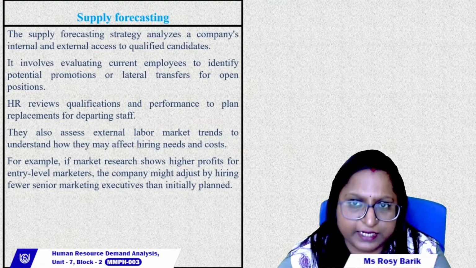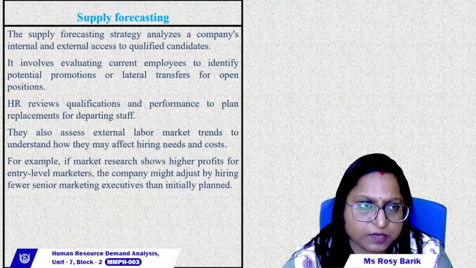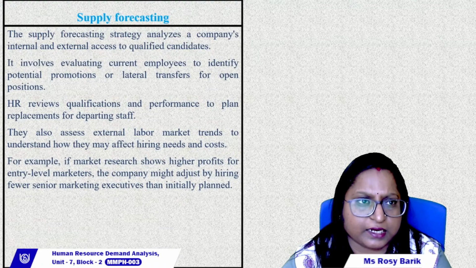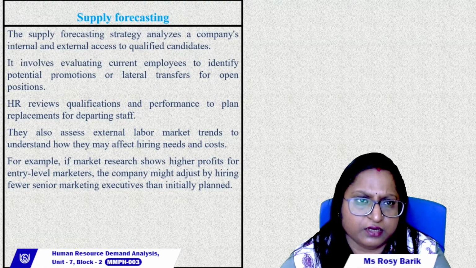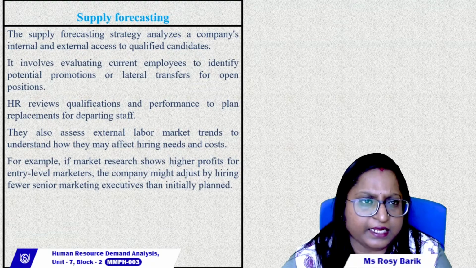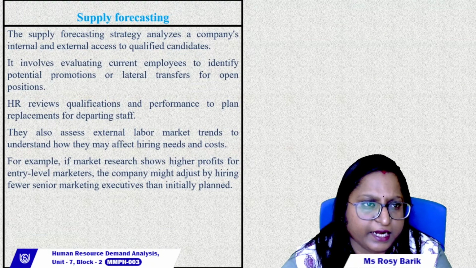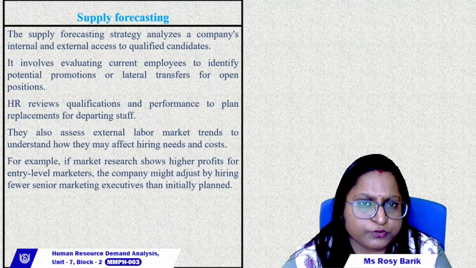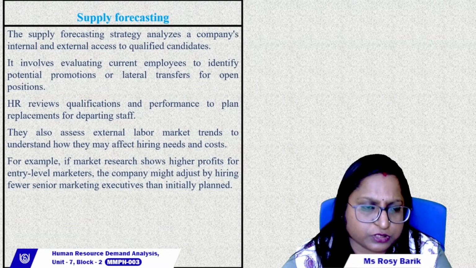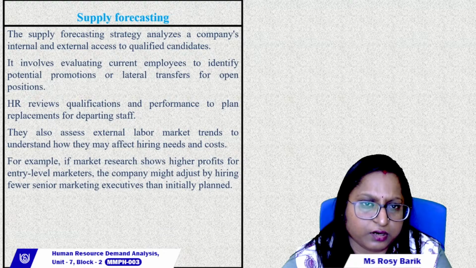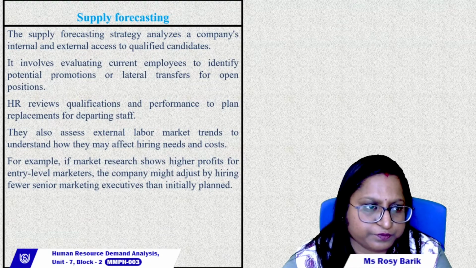As we have already discussed HR supply forecasting, the supply forecasting strategy analyzes a company's internal and external assets to qualify the candidates. It involves evaluating current employees to identify potential promotions or lateral transfers for open positions.